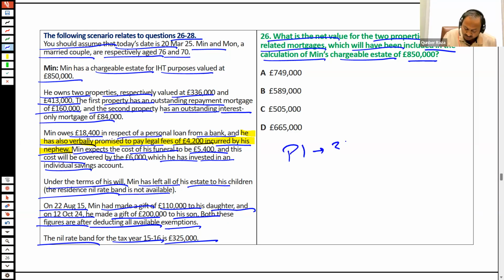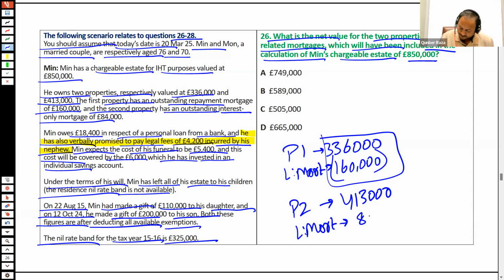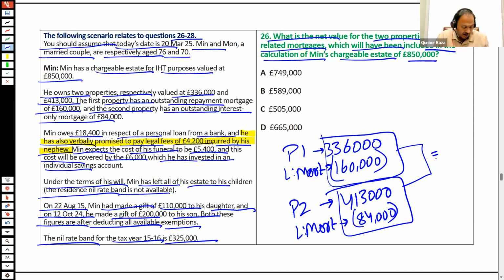Property 1, 336. Property 2, the sum of this amount.